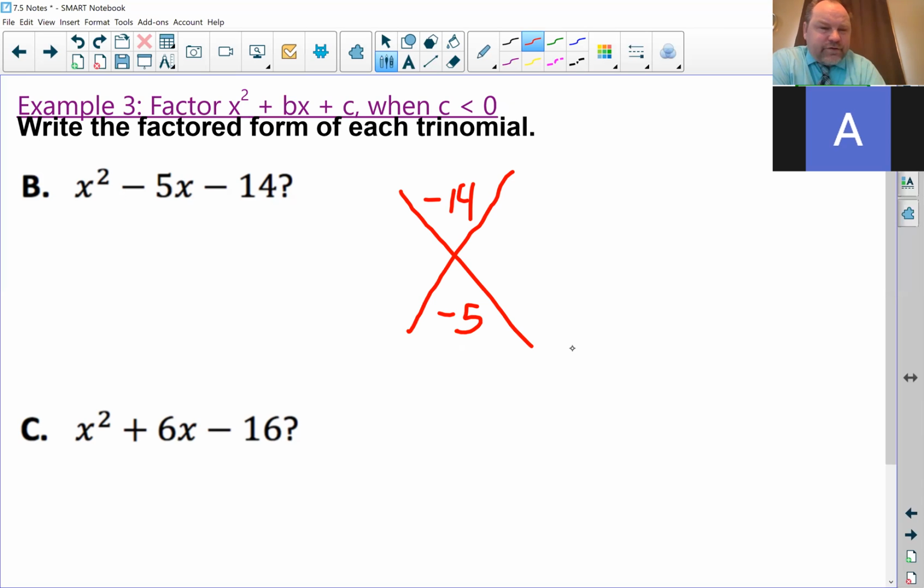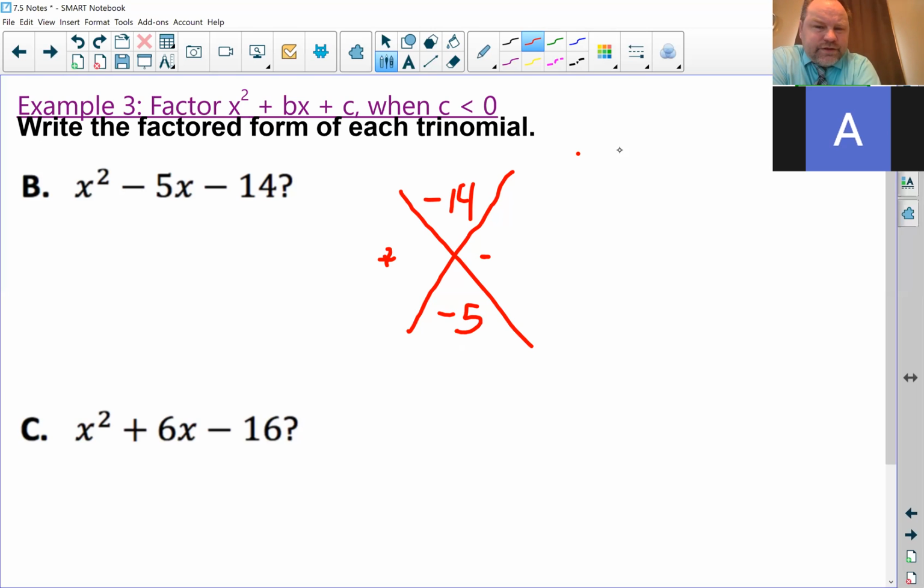And I think by far these with where C is negative are the most difficult. So let's see. In this case, the larger factor has to be negative. So we're going to have one positive and one negative value.